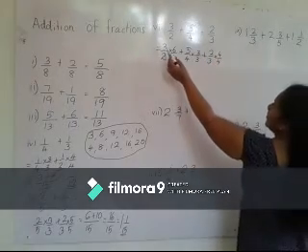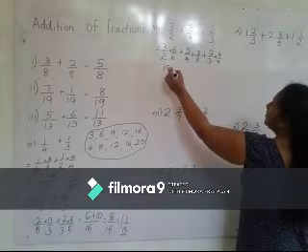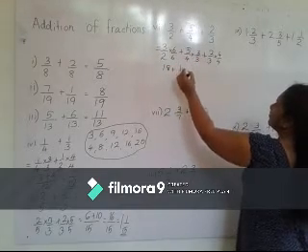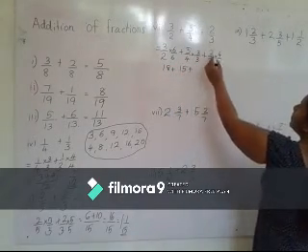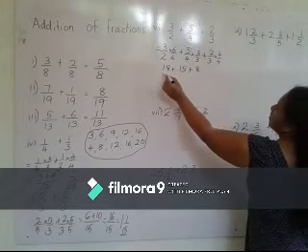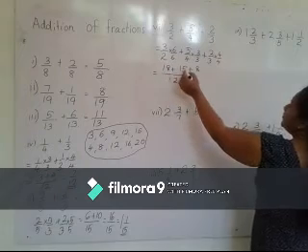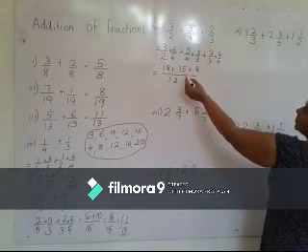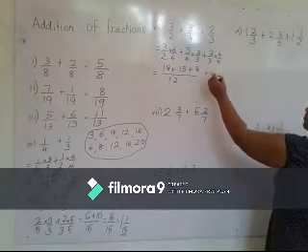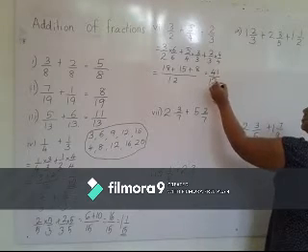Then 3 times 6 is 18, added to 5 times 3 is 15, added to 2 times 4 is 8, over 12. 18 and 15 added is 33, 33 added to 8 is 41 over 12.